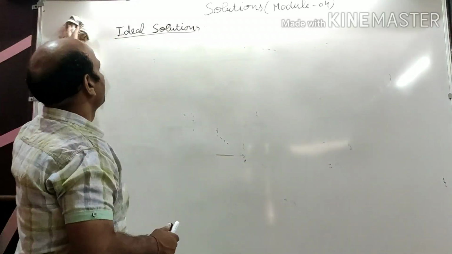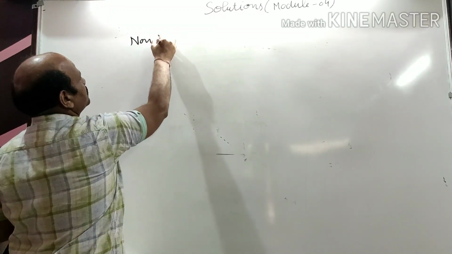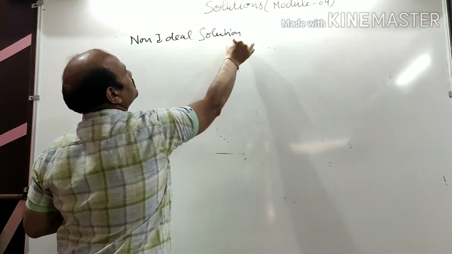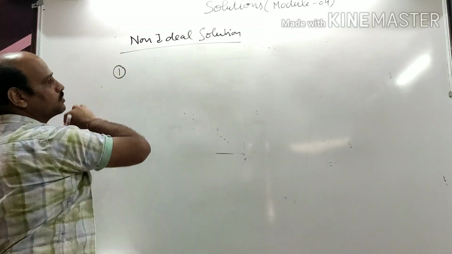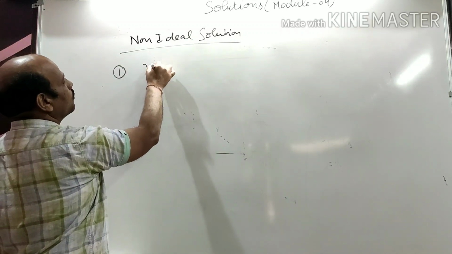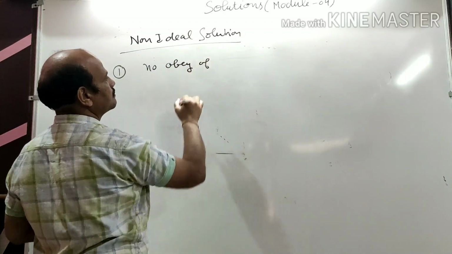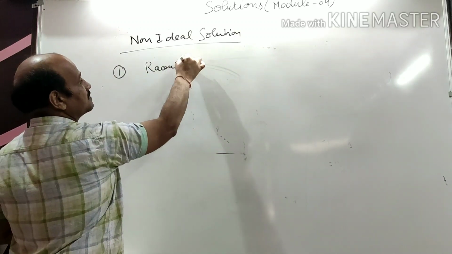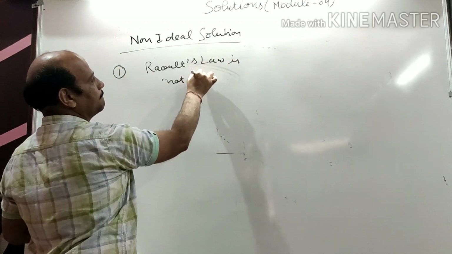Non-ideal solutions are the reverse of ideal solutions. In ideal solutions, Raoult's law is obeyed, but here Raoult's law will not be obeyed. Raoult's law is not obeyed here.